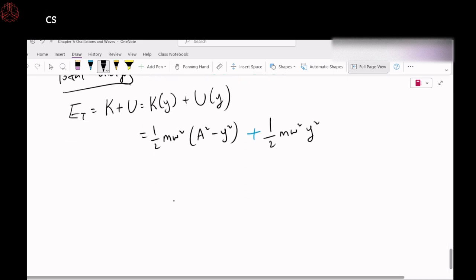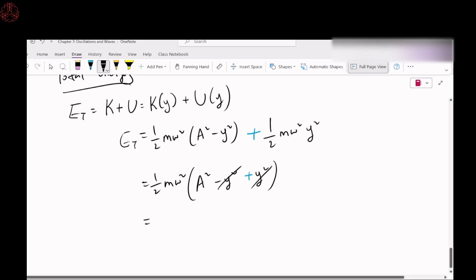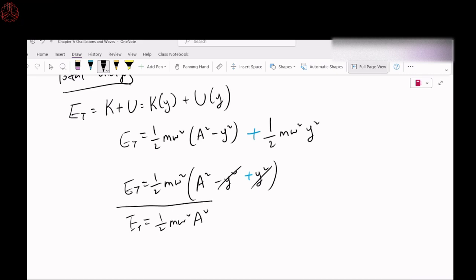I can take out the half m omega squared, and then I have a squared minus y squared plus y squared, so they cancel out, and I'm left with E total equals half m omega squared a squared.